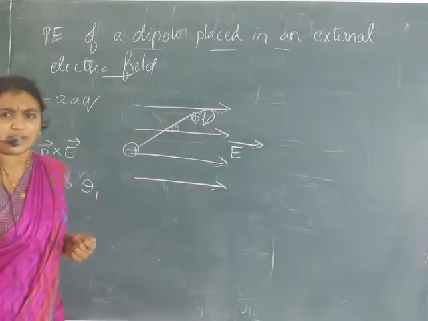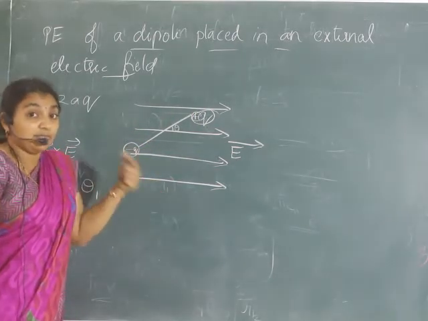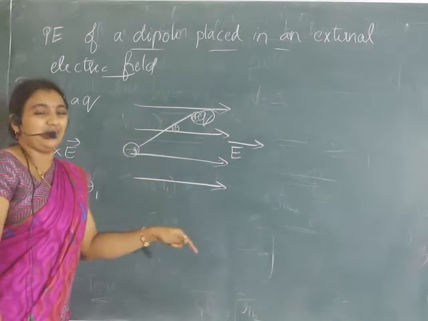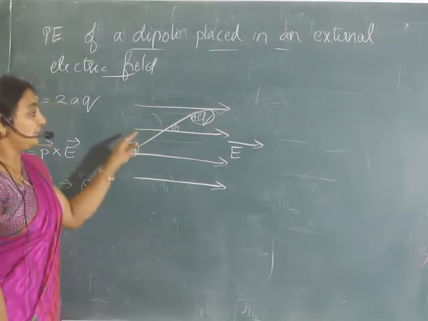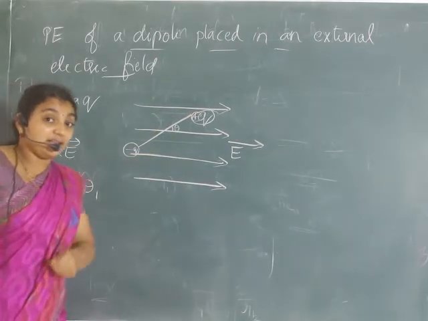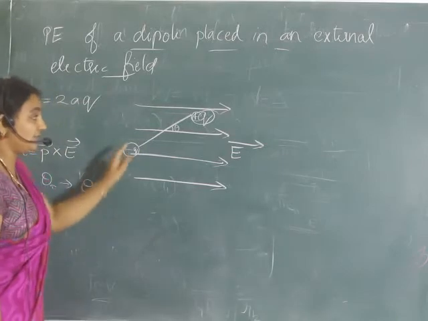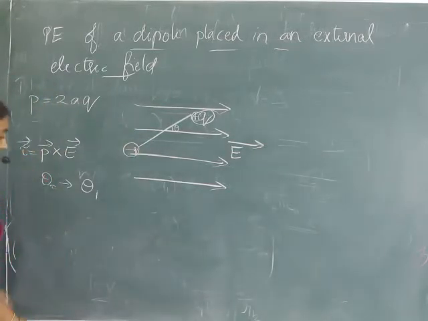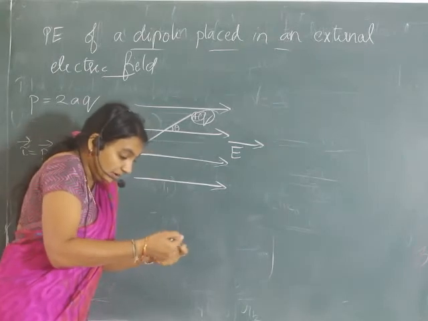Torque means nothing but a force. When a force exists, you have to give one more force to nullify it. Correct? An equal and opposite force should be given. So, to nullify or neutralize this torque, suppose I give an external torque equal to that torque, then how to give it? I have to rotate the plane.